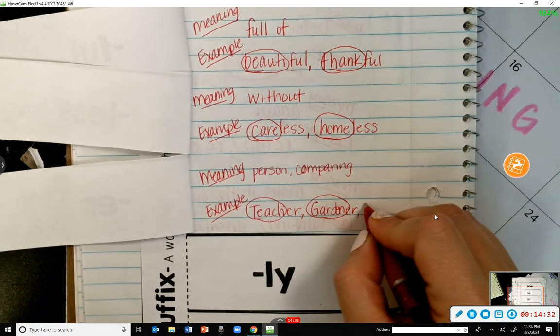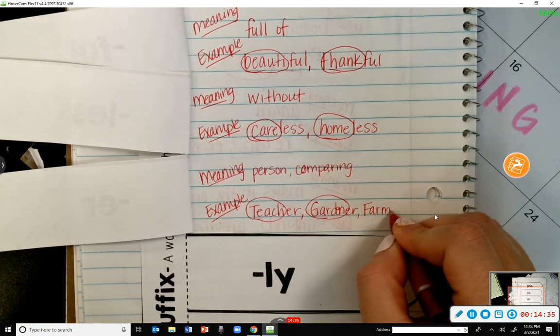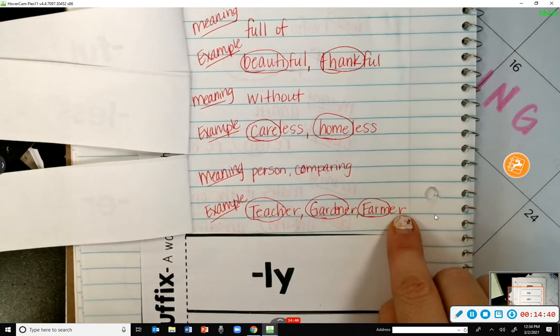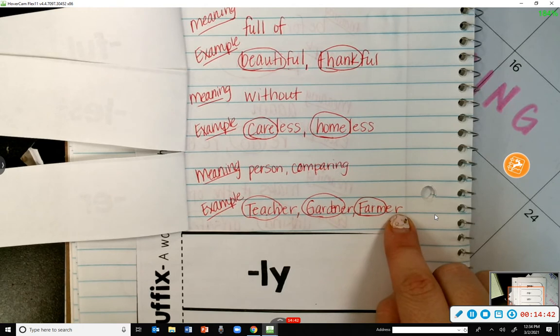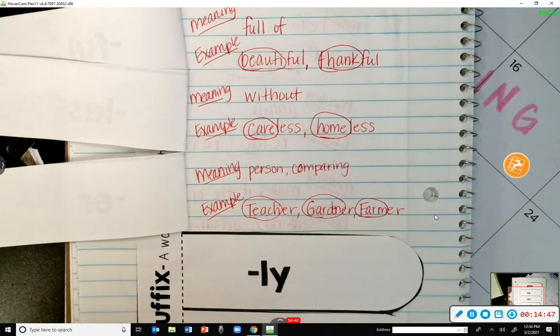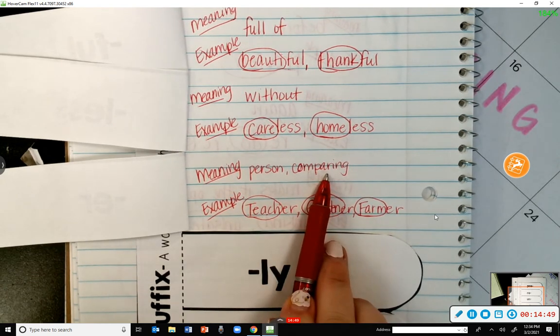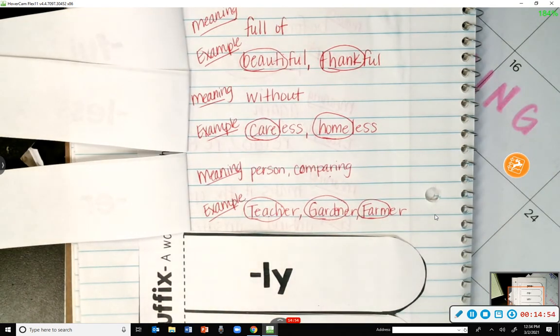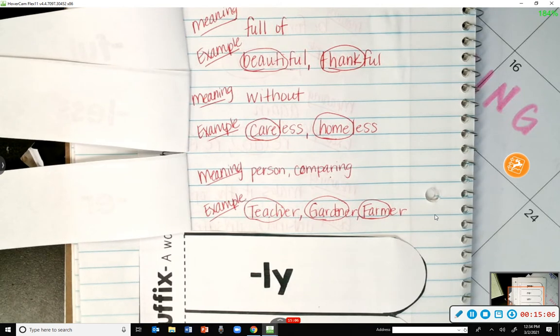Farmer. The root word is farm. So when we add the suffix ER, that means a person who farms. Okay, and when I say comparing, like we've learned it for adjectives, better, smarter, quicker, kinder, bigger, smaller. So those all have ER, and that's used as a comparison.